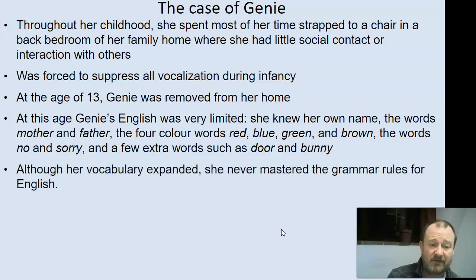And even though her vocabulary expanded after she was removed from this home, she never mastered the grammar rules of English, and she never integrated successfully into society. As I said, her vocabulary expanded, but she never became fluent in English.